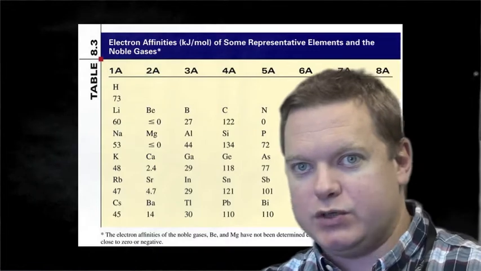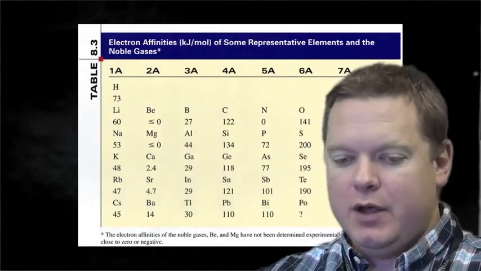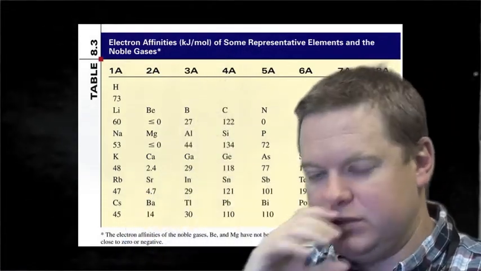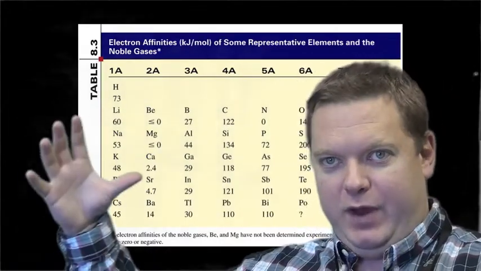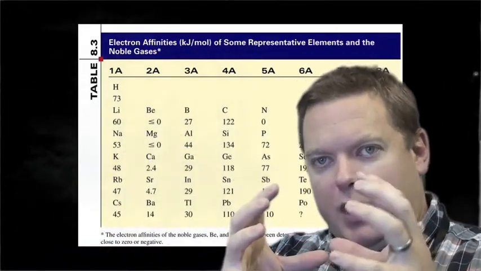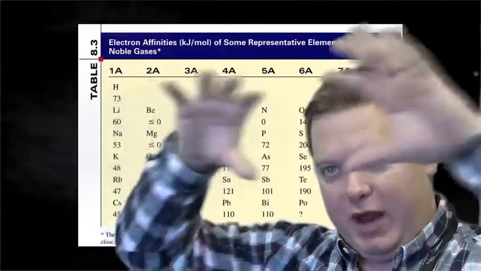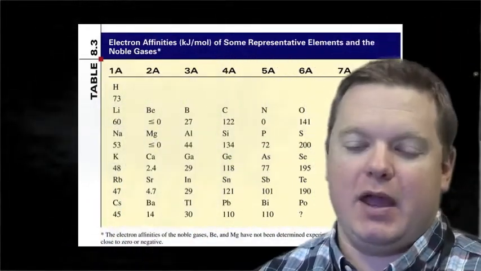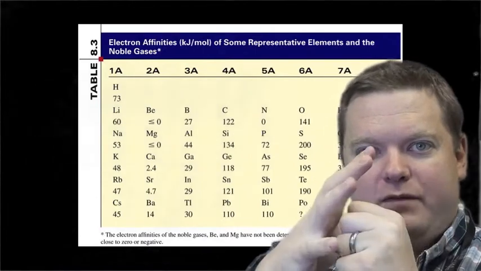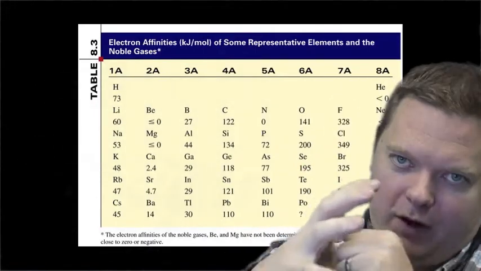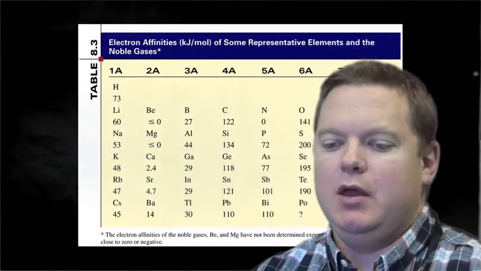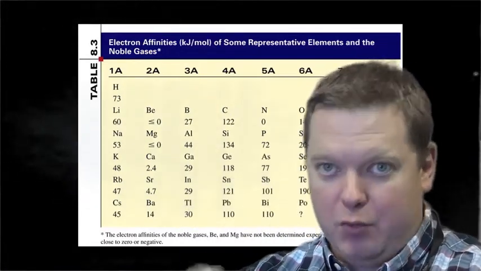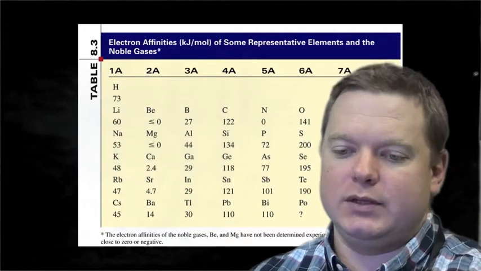So the lowest ones are going to have a smaller value than the upper ones. We can trace this back to the Z effective as well, because if we have a small positive charge, adding one more electron where we have all these other electrons isn't going to make as big a difference as when the electrons are very close to this positive charge. It's going to be a much easier and much more favored process.